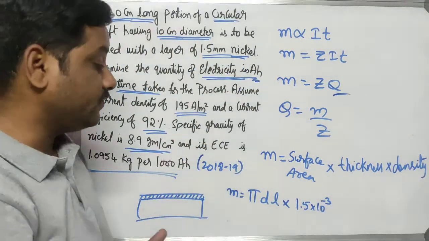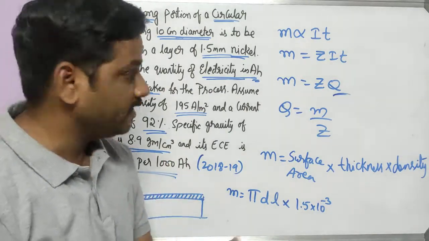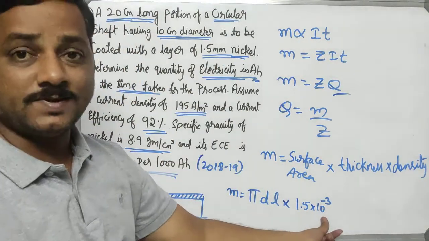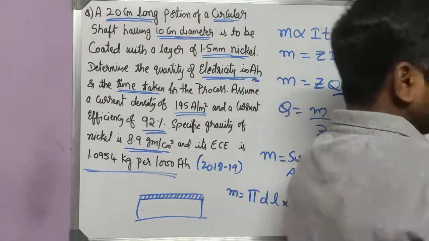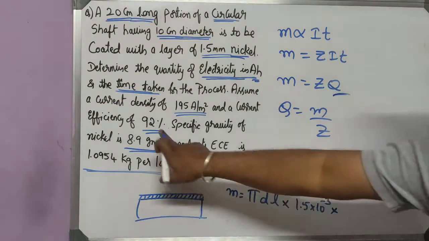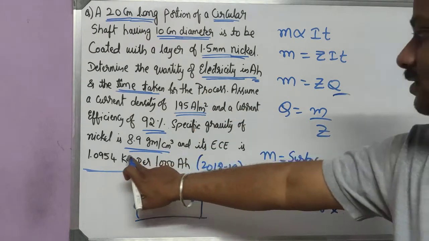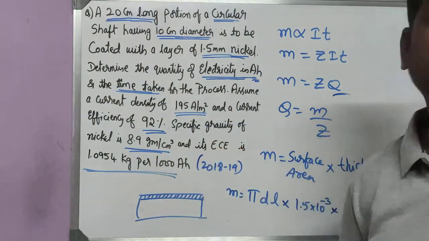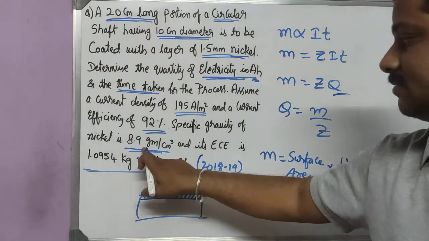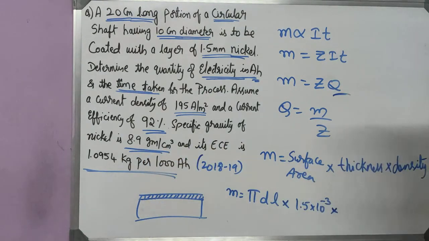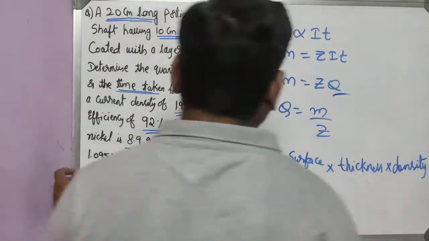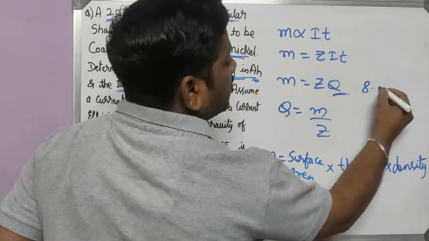Because all the information we will put in terms of meters. It is in mm here, so I will put it as 10 to the power of minus 3, so that it will be in meters, into density. In the question itself they have mentioned the density of nickel. Yes, here it is. Specific gravity is given in terms of gram per centimeter cube, and the density of nickel can be given as 8.9.